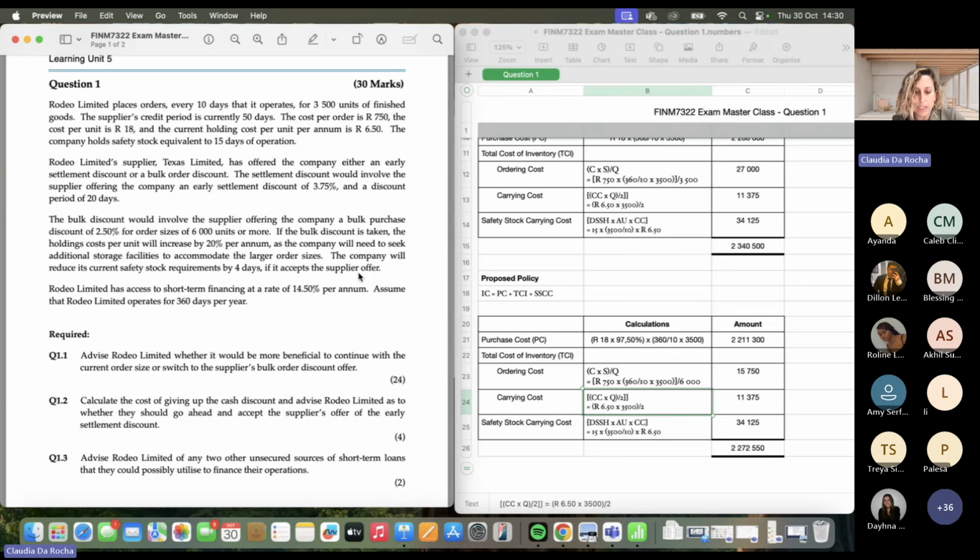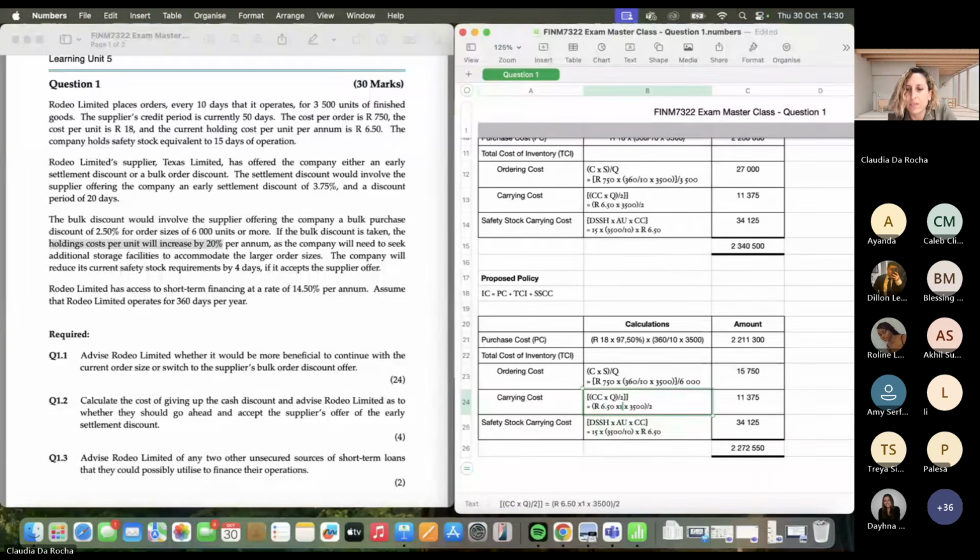Also, your holding costs will increase by 20% per annum, so first we have to increase this: it's the 650 times 1.20. Then we change the 3,500 to 6,000, because that is now the new order size. We multiply by the 6,000 and then divide by 2. It gives us 23,400.